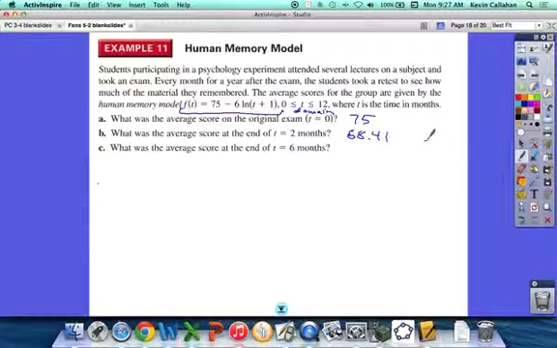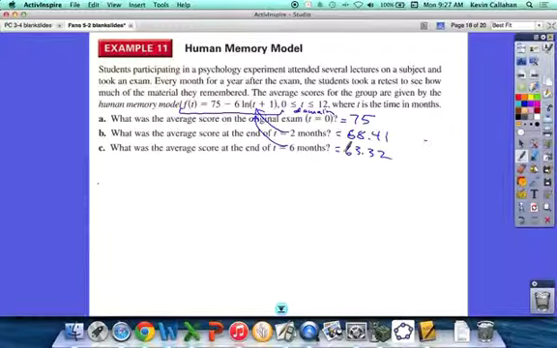And then again for 6, I plug in, and this one is 63.32. So obviously it's going down.